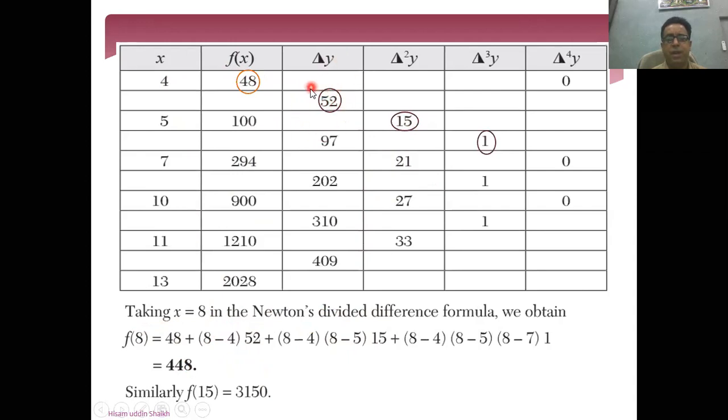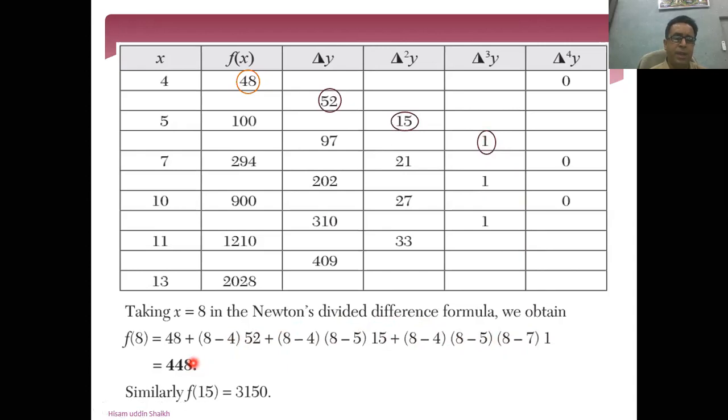Multiply with the first difference, which is the slope, plus (x minus x naught)(x minus x1) multiplied with the second difference, plus (x minus x naught)(x minus x1)(x minus x2) multiplied with the third difference as the slope, 1. When you simplify this algebraic calculation, the result is 448.